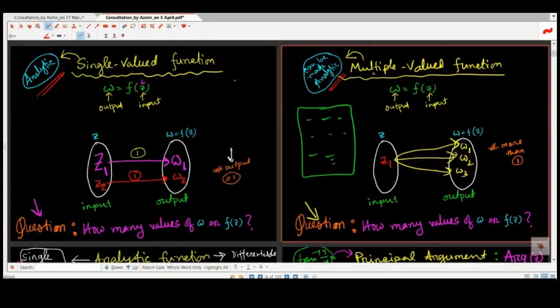In multiple valued functions we may have several single valued functions, and single valued functions are analytic. So a multiple valued function is a collection of single valued functions. These single valued functions separately have a name that we know as branch, but we will discuss this later.